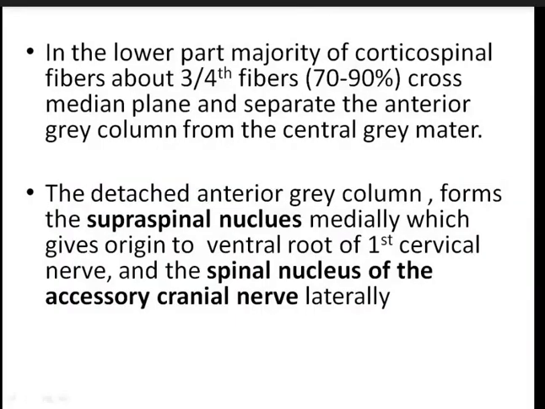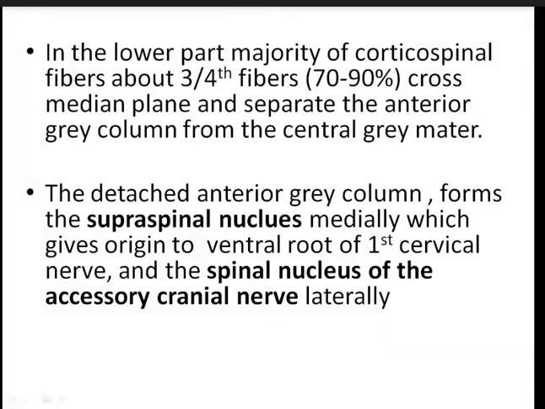And other features in the lower part: the majority of the corticospinal fibers, about three-fourths, or about 70 to 90% of the fibers, cross the median plane and separate the anterior gray column from the central gray matter, forming the anterior and the lateral corticospinal tract.